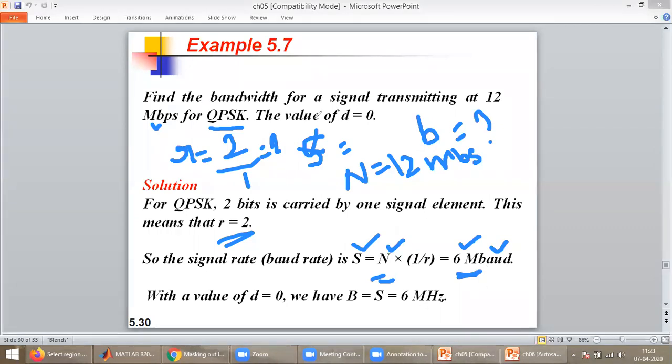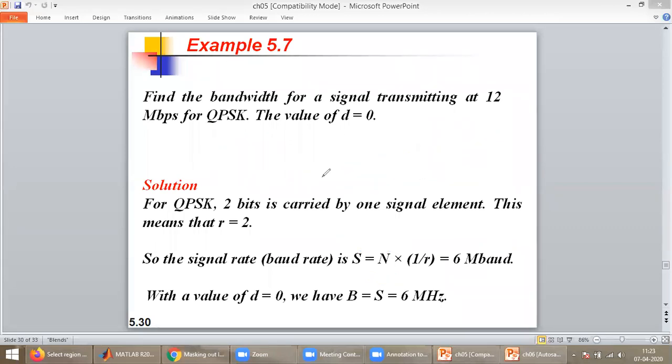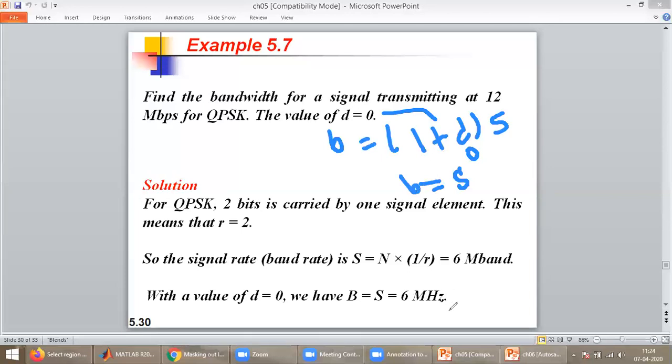Next, you know the formula for bandwidth. B is equal to (1 plus D) times S. Here the D value is given as 0. Therefore B equals S. The bandwidth is 6 megahertz.